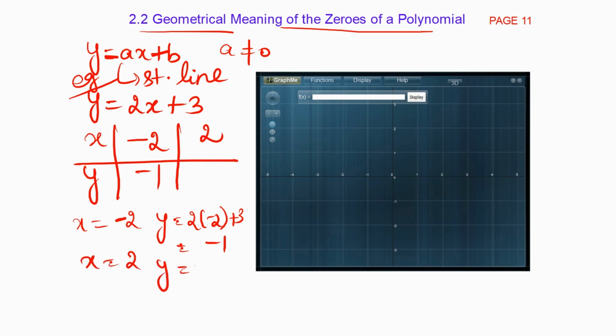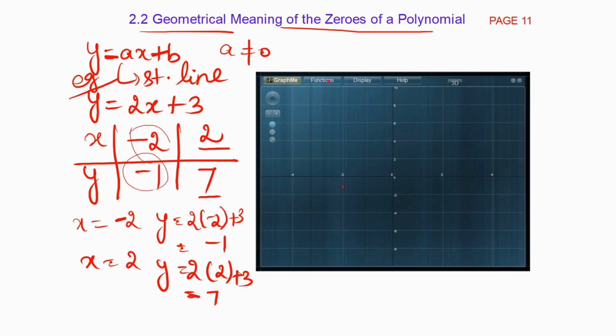And if I substitute x equal to 2, y equal to 7. So now plot this in the graph. For minus 2, it is minus 1. For 2, it is 7. So for this linear equation, I got a straight line. So this equation is called the equation of a straight line.